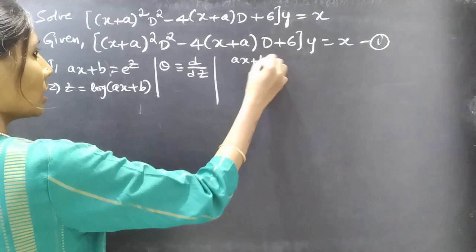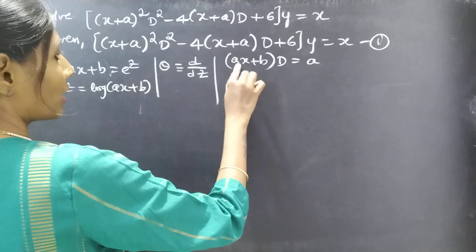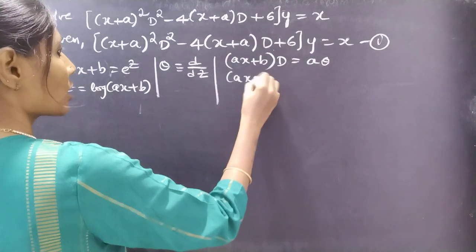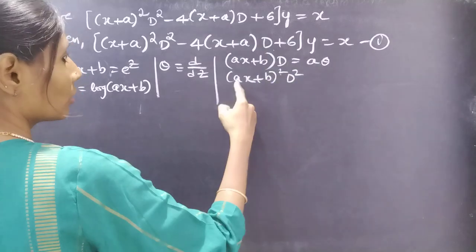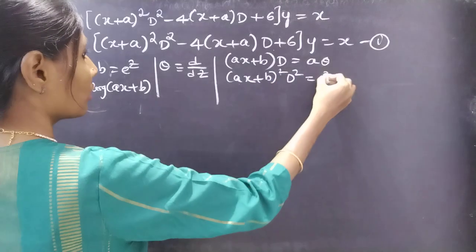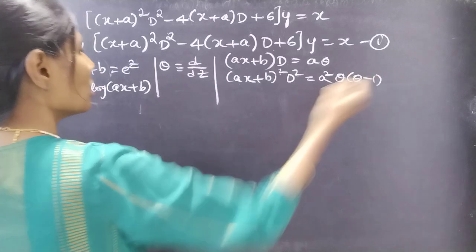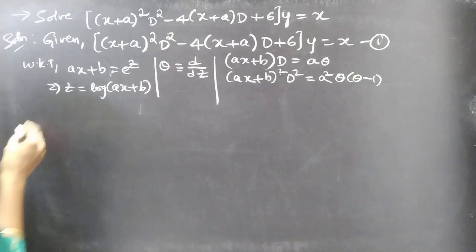And (ax + b) D can be replaced by a θ, since we are having power 1, and (ax + b)² D², since I am having a square, you can replace this by a² times, since you are having power 2, you'll get two terms, θ(θ − 1). Likewise, if you have 3, you'll get a³ θ(θ − 1)(θ − 2).